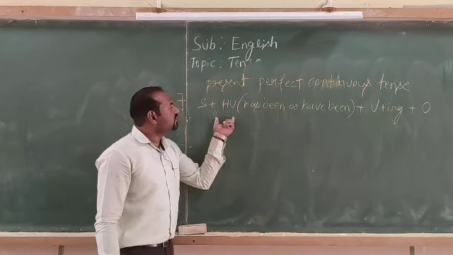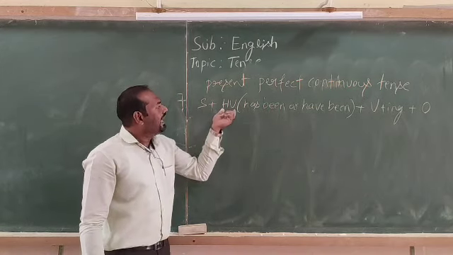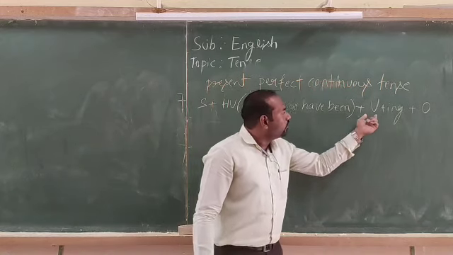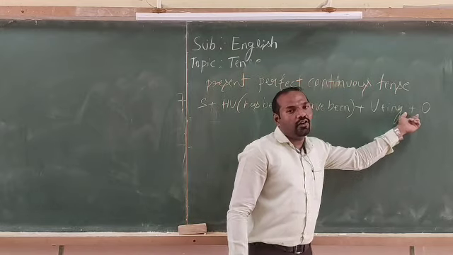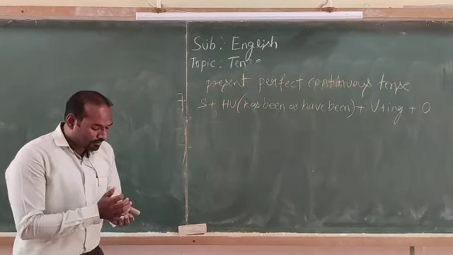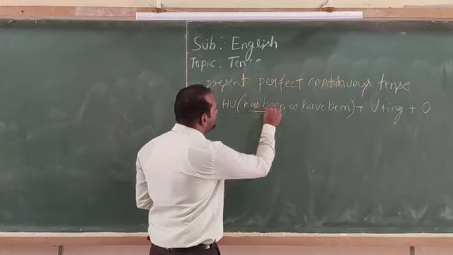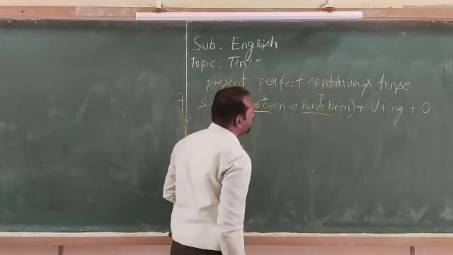Look here, this is the structure of the present perfect continuous tense. Subject, helping verb, either has been or have been, and verb in ing form or present participle form, and object. My dear students, has been is used for singular and have been is used for plural.